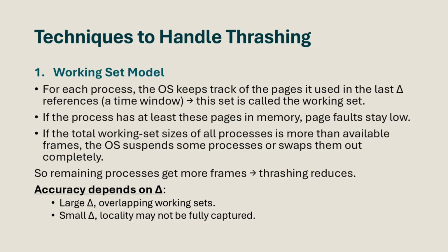If the process has at least these pages in the memory, page faults stay low. That is, if the total working set sizes of all processes is more than available frames, the operating system suspends some processes or swaps them out completely. So the remaining processes get more frames, and hence thrashing can be reduced. This is one way to handle thrashing.